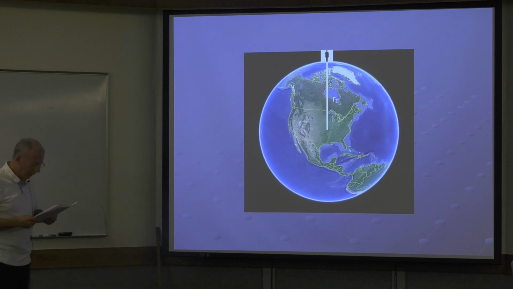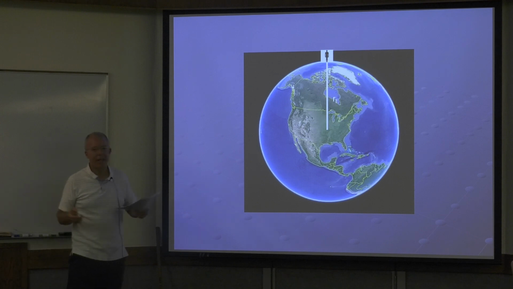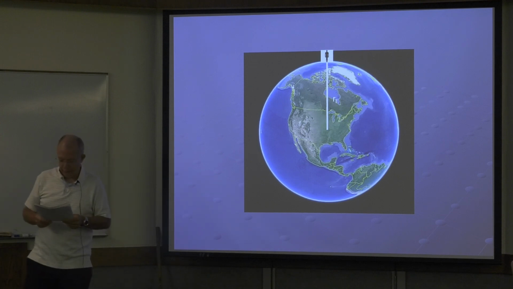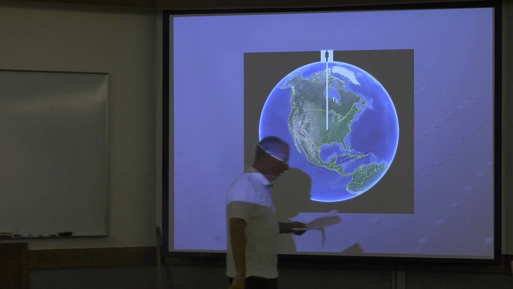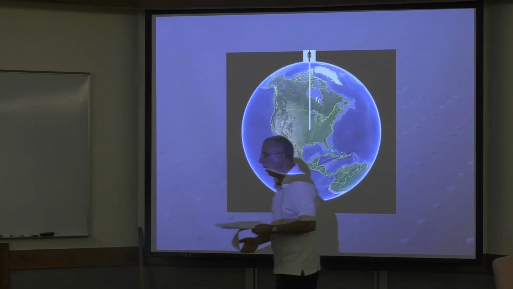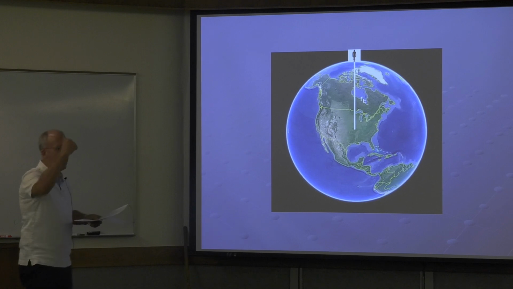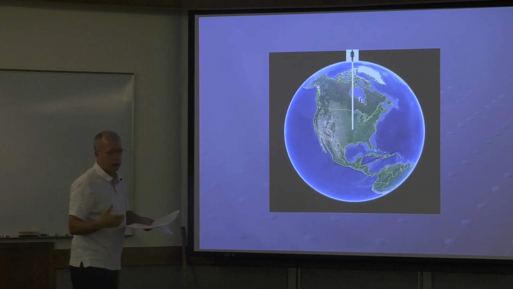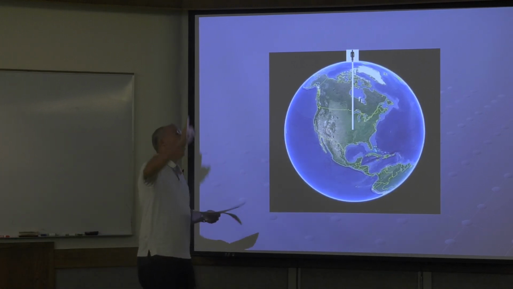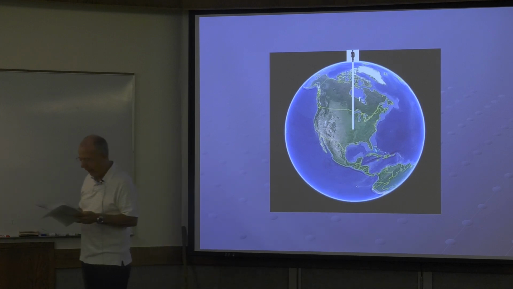Apparent weight. How do you feel gravity? That's kind of a weird question, right? If you're walking around here, how do you feel gravity? Well, the normal force. Earth is pulling down on you with a force equal to your weight, and the normal force is pushing up on you with a force equal to your weight.